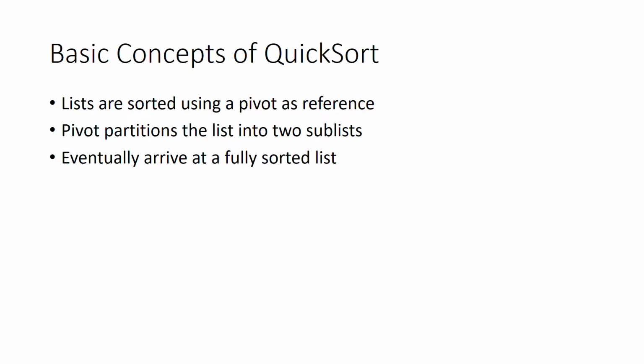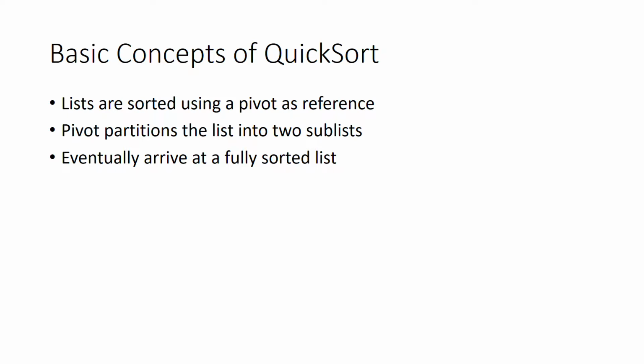With a quicksort you have two key concepts, which are pivots and partitions. Let's say you had a list containing elements in, let's say, unknown order, and you wanted to use a quicksort. You would take any one of the elements in the list and pick one of them as your pivot.